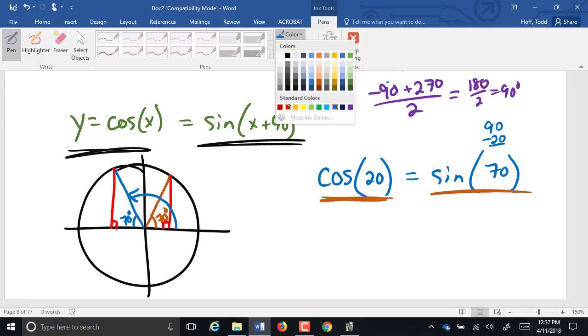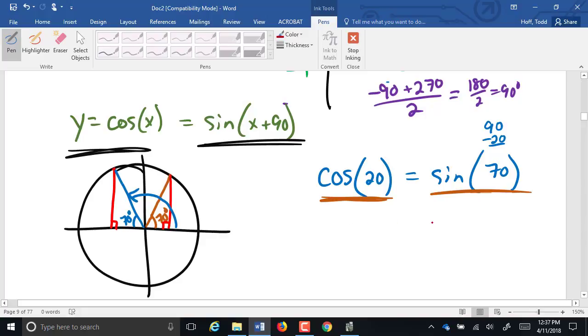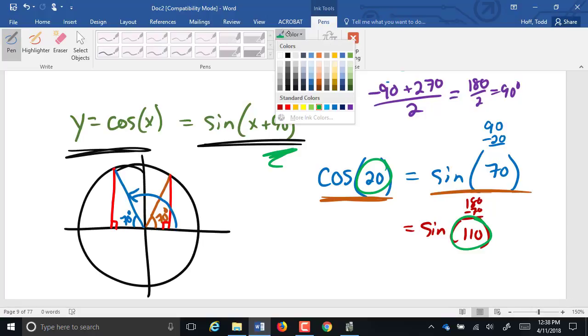What is 180 minus 70? Yeah, 180 minus 70 is 110 degrees. What is the difference between 20 degrees and 110 degrees? 90 degrees.